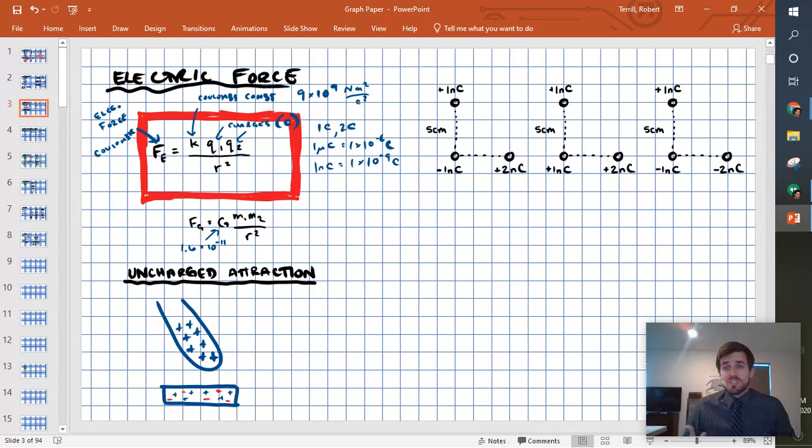We just don't see huge charges very often, especially not in the kind of theoretical problems they throw at you. You can generate charges like 1 or 2 coulombs, but generally that's on something big like a balloon, and then measuring some of the things like the r value starts getting a little bit weird. So that's stuff we can talk about if you take AP Physics 2.